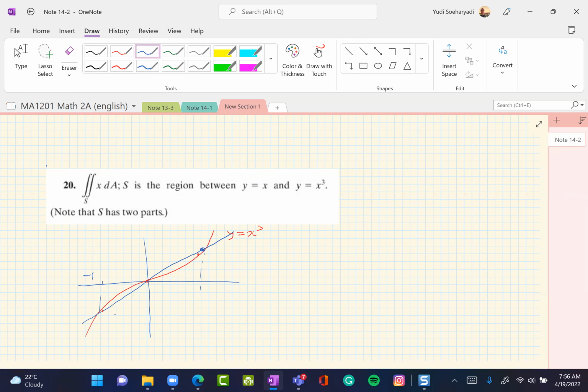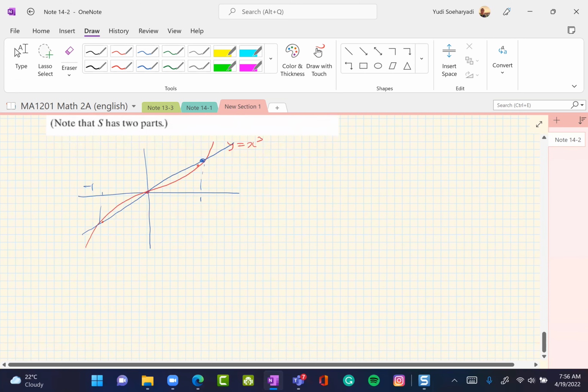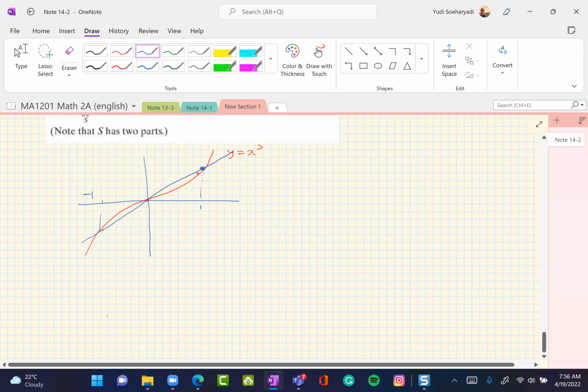So then for this integral, let's move in this part first. It's from -1 to 0.